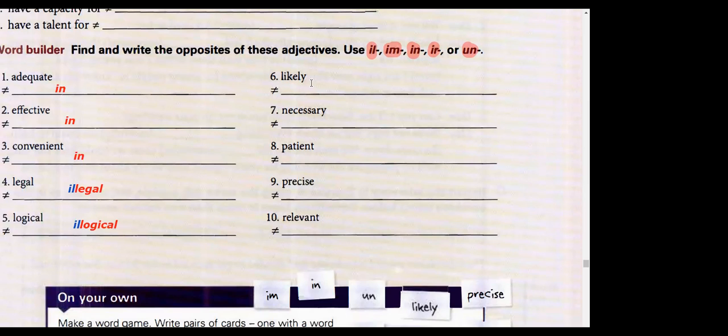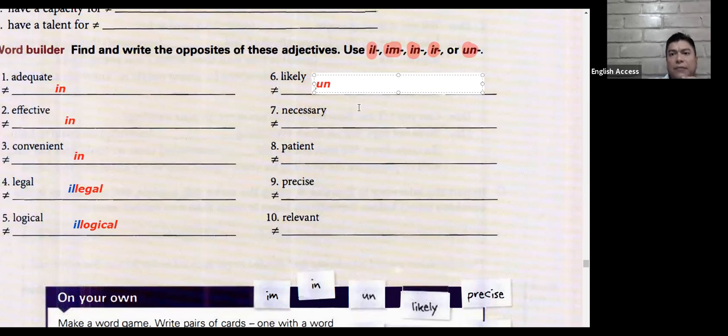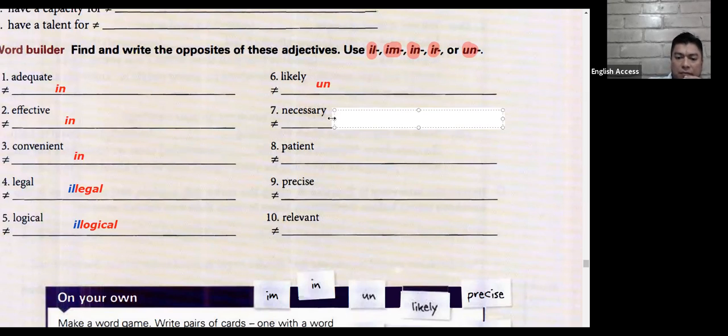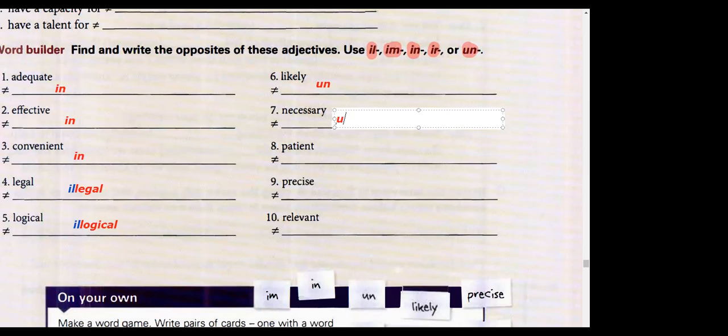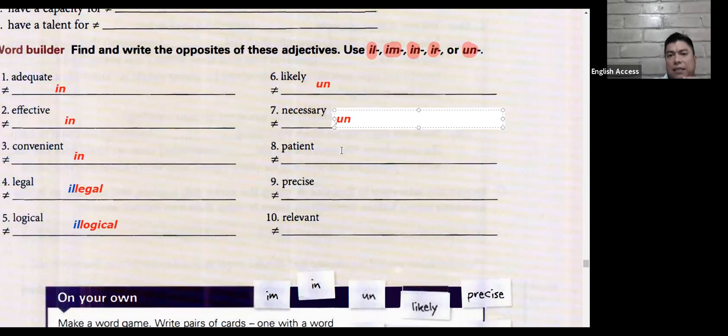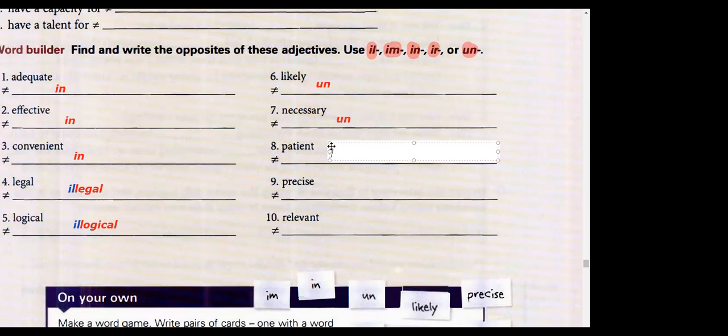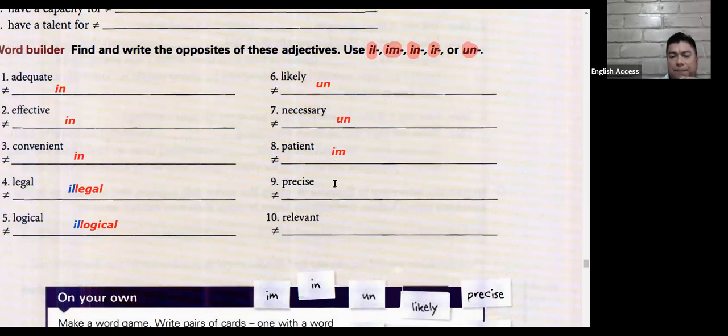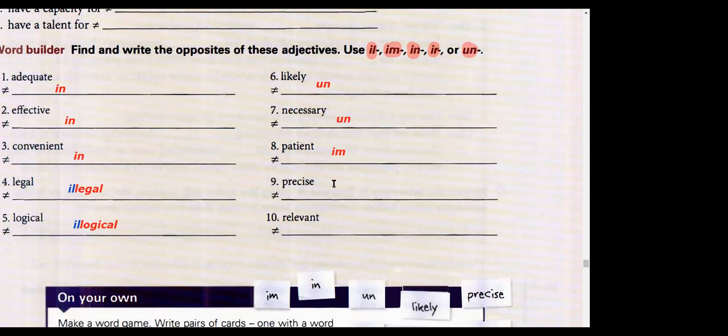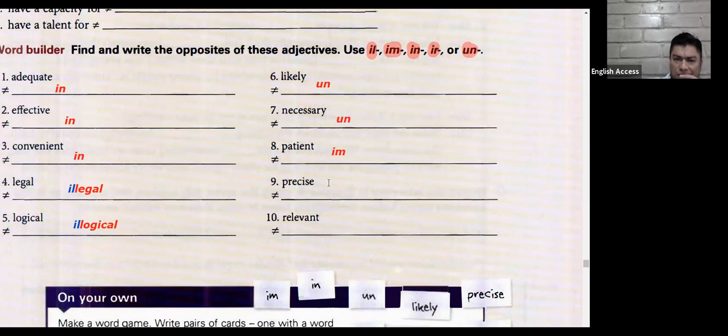Unlikely. On. Yes. Unlikely. Number 7. Unnecessary. Number 8. Impatient. Impatient. Im. And 9. Imprecise. Not sure.